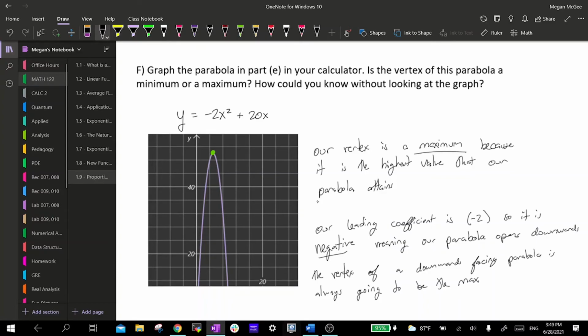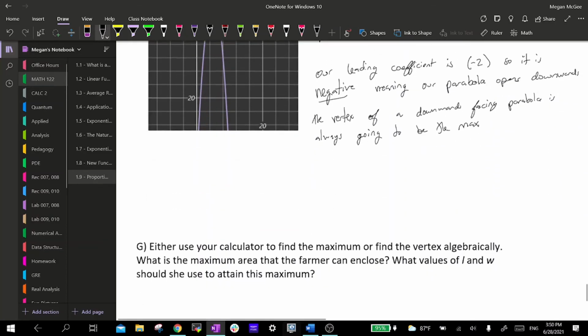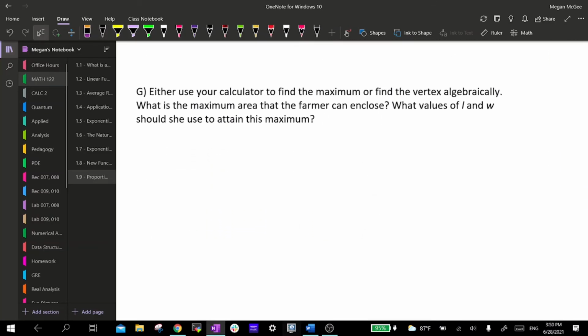All right. Likewise, the vertex of an upwards facing parabola is always going to be the min. All right. So that's part F, and part G is our last part.